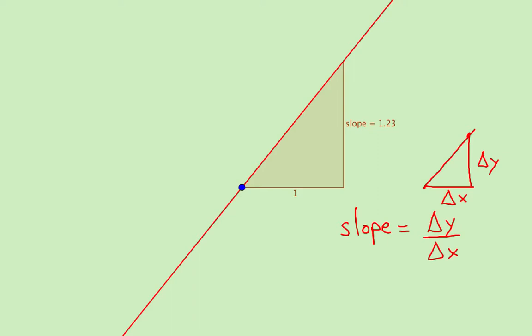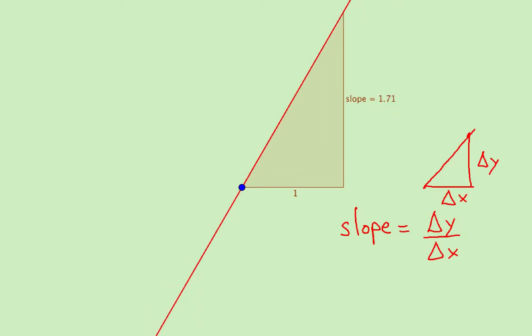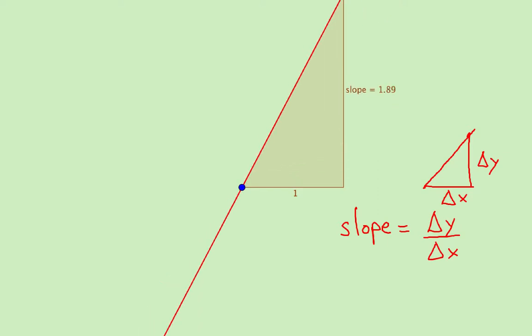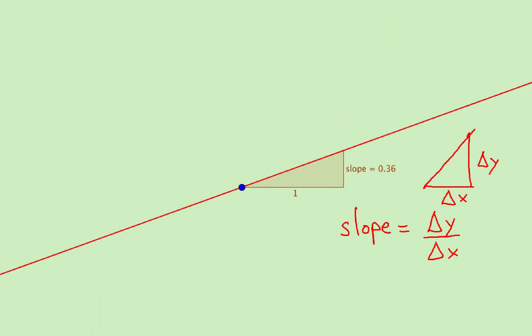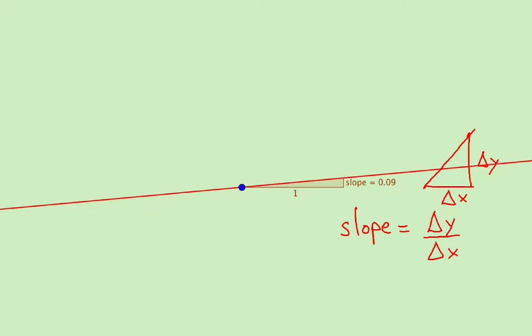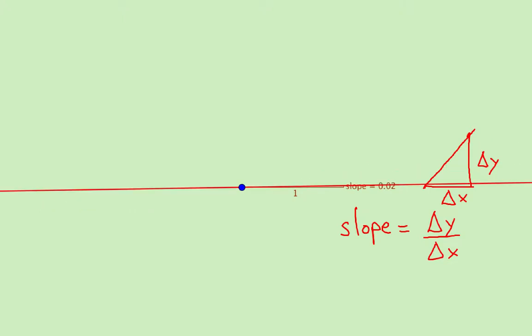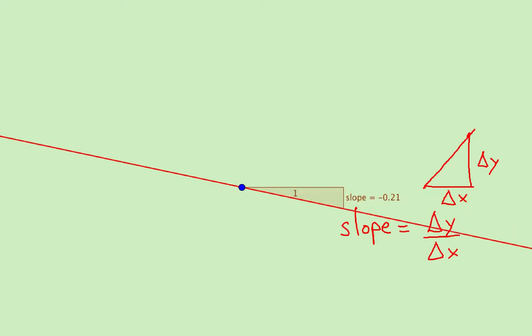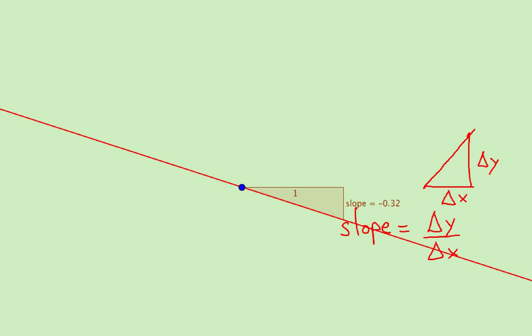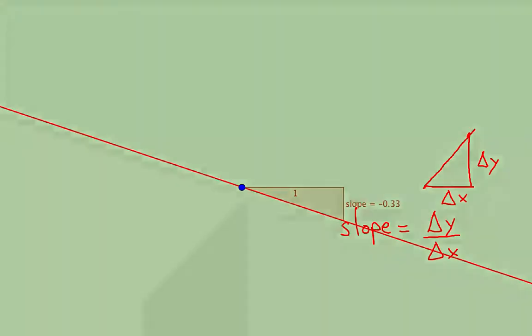The line has become steeper and steeper and steeper. Let me take it back in the other direction, and now it is heading towards becoming flat. When it becomes flat, the slope becomes 0. I can't make it exactly 0, unfortunately, but you see that it's now gone past and gotten negative, and now it's becoming more and more negative, and you see that it's becoming steeper in the other direction.